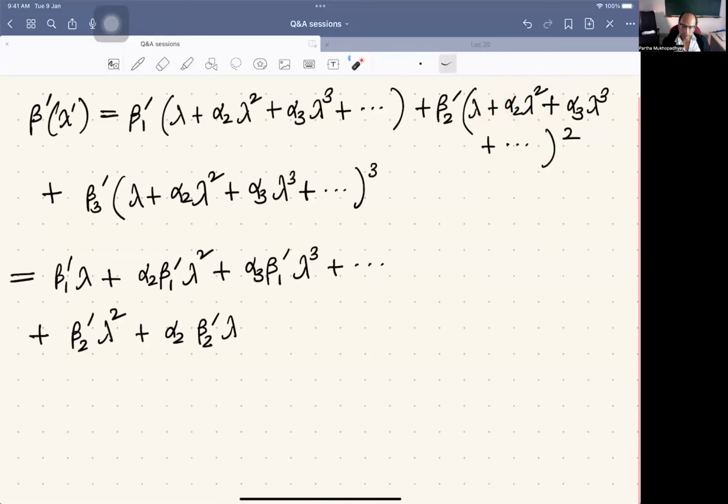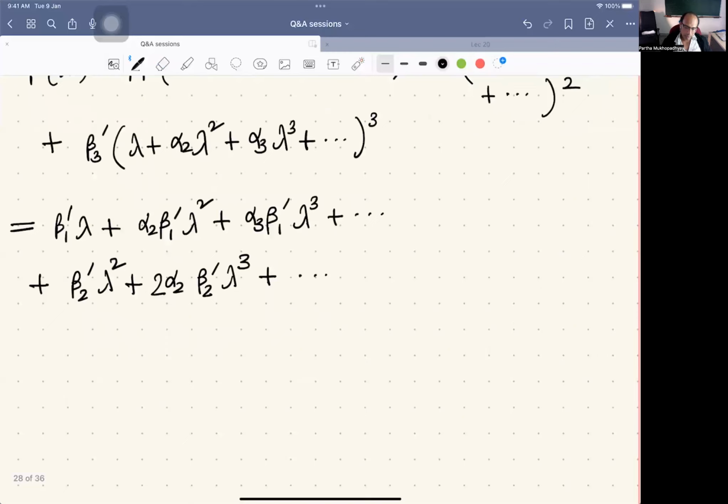So the first term is beta 2 prime lambda square, and the second term is 2 alpha 2 beta 2 prime lambda cube. And from the third part, we have only one term coming up to order lambda cube, which is beta 3 prime lambda cube.